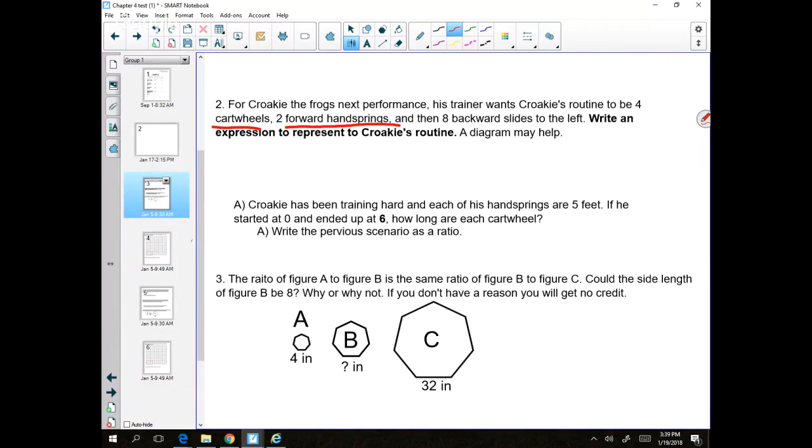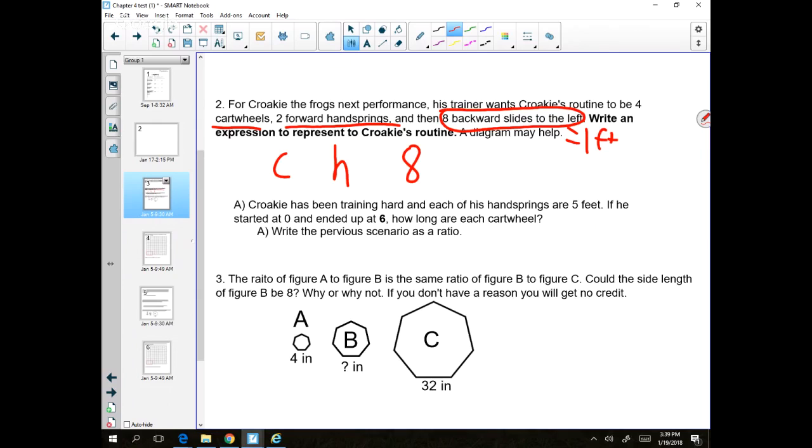And remember, I told you in class that these 8 backward slides are each 1 foot, so you don't need a variable for that one because you know how big each of those slides are. So you should have something with the cartwheels, something with the handsprings, and then the 8 backwards ones. That's your general form to set that problem up.